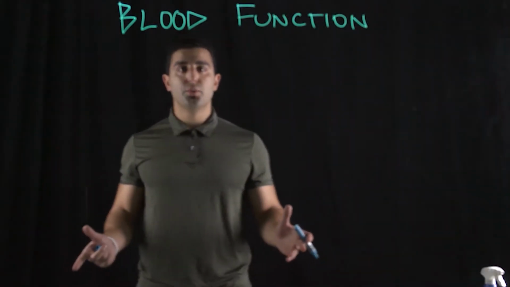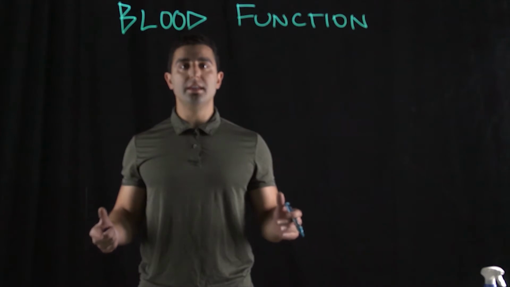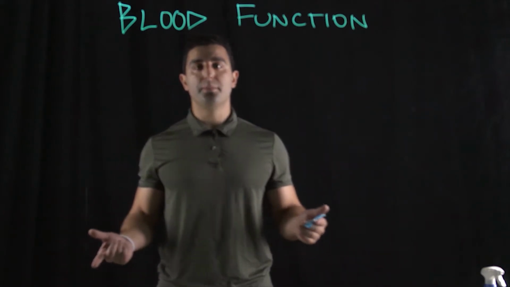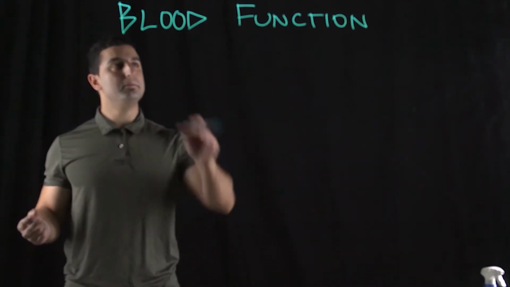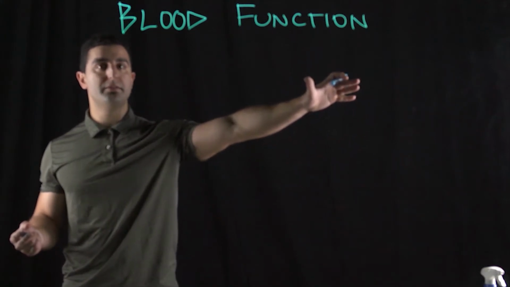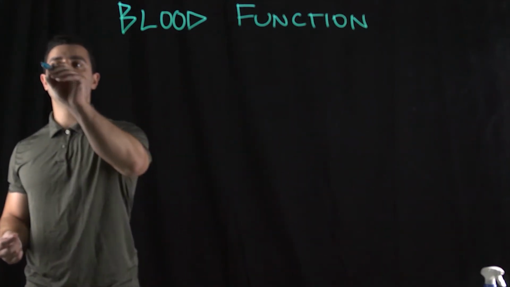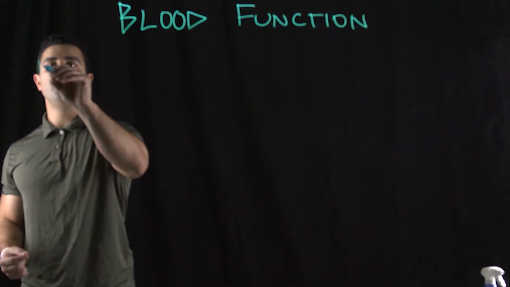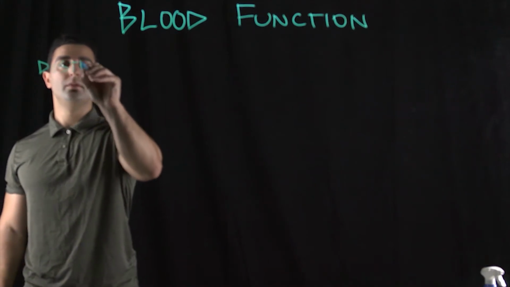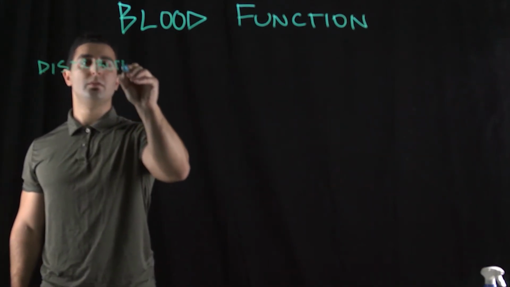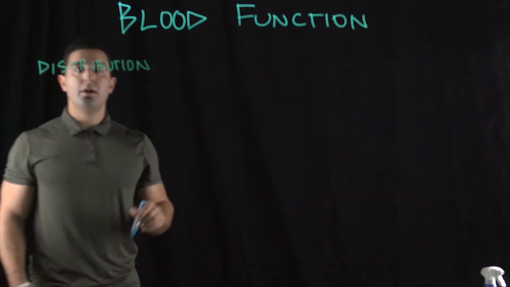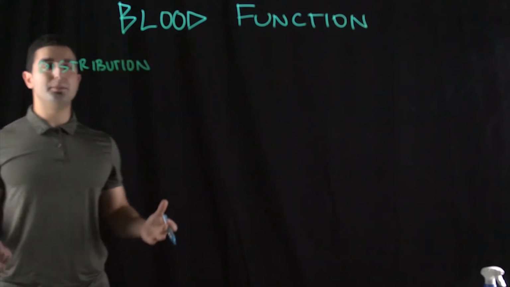So in this lecture, we're going to be focusing on the actual functions of the blood. The blood has three specific functions. The first is distribution. When you think about the blood, what does it do?